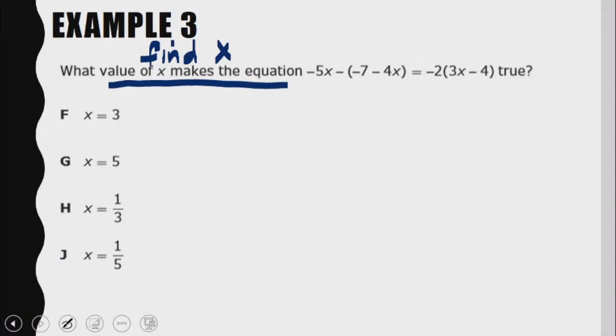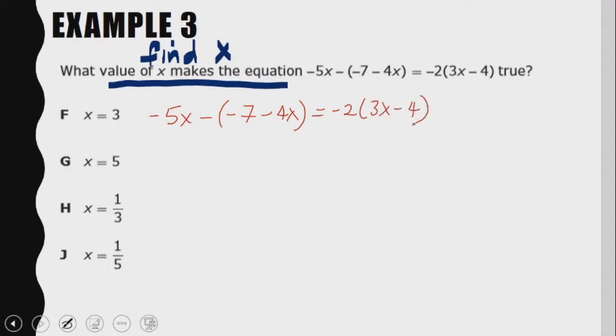So this looks very complicated, but don't be afraid of all the negative and the minus signs. I know that students normally get scared whenever they have a lot of negative and minus signs. So let's break it down. Just go step by step. So it's going to be negative 5x minus negative 7 minus 4x equals negative 2 times 3x minus 4.